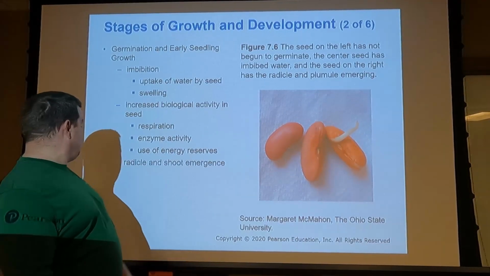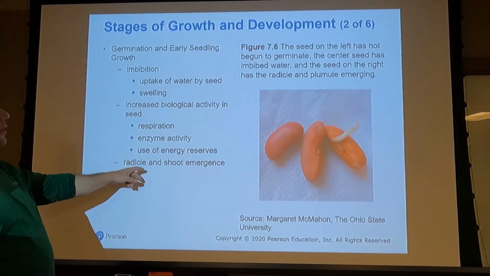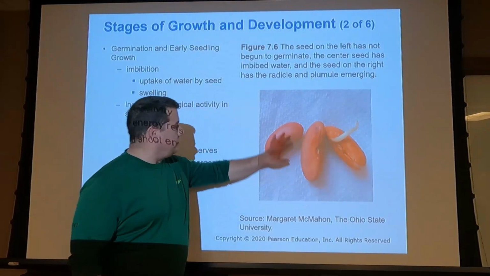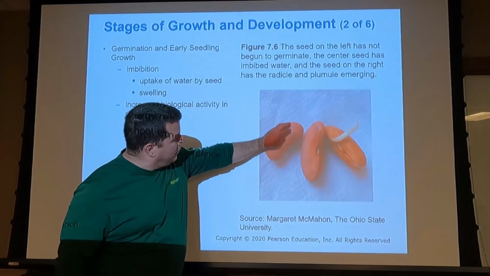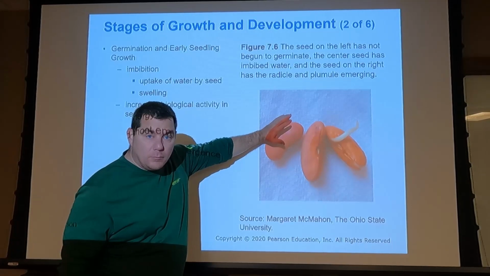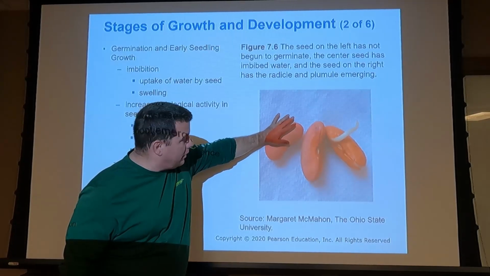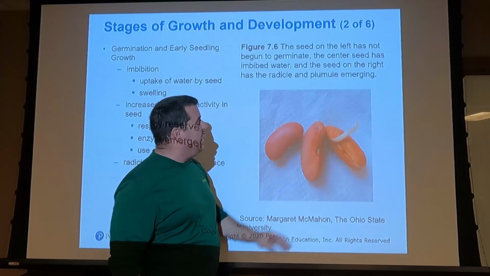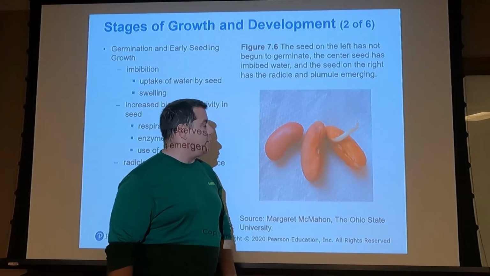Here we see the radicle and the shoot emerging. We have a standard bean, not planted, then a bean that's imbibed water, and then finally the radicle and the shoot start to emerge.